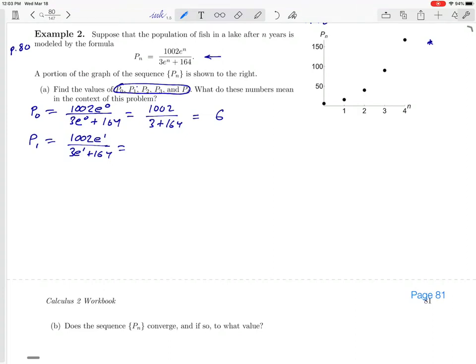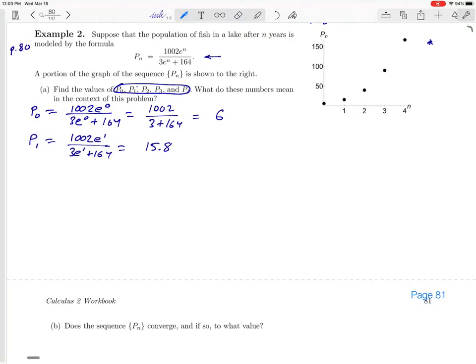If you do all of that, here's what you're going to find: a number of 15.8, so our population has grown a little bit. All the calculations after this are going to be similar. We're just going to keep plugging in different values for n each time, and we're generating a list of numbers, which is how we defined a sequence.